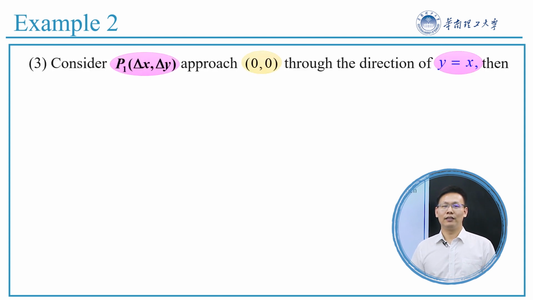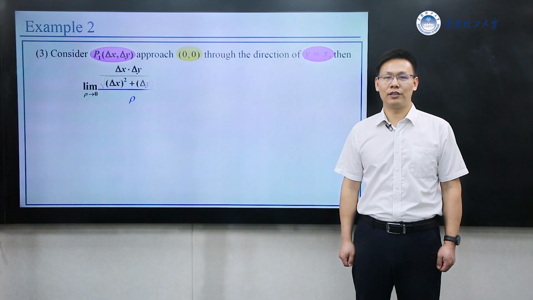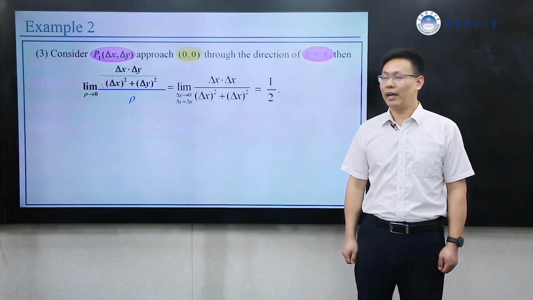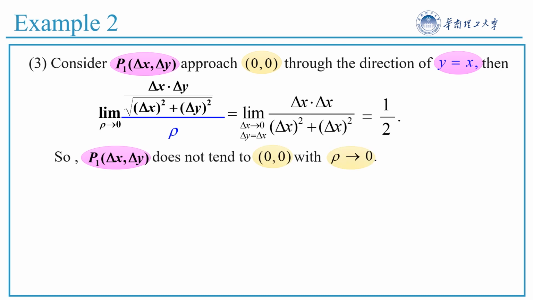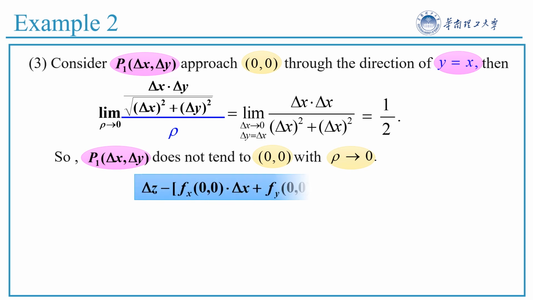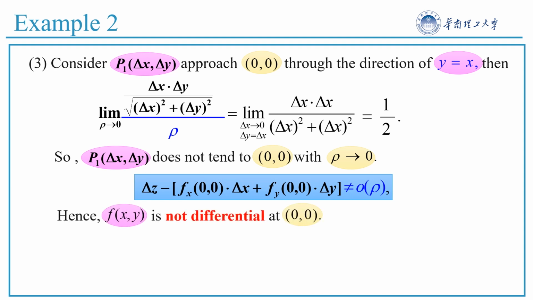Now we check if this expression is a higher order infinitesimal with respect to ρ or not. Consider P1 approaching (0,0) through the direction of y = x. Then we have this expression. So it does not tend to 0 with ρ approaching 0. Therefore, f(x,y) is not differentiable at (0,0).